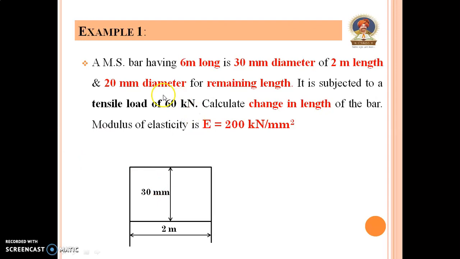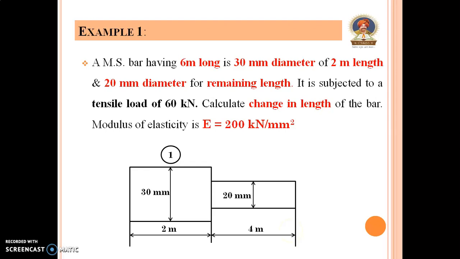Now for the 20 mm diameter, the remaining length, the total length is 6 meter, out of which 2 meter is for 30 mm diameter. So this length is 4 meter for 20 mm diameter, and the tensile load acting on the body is 60 kN.